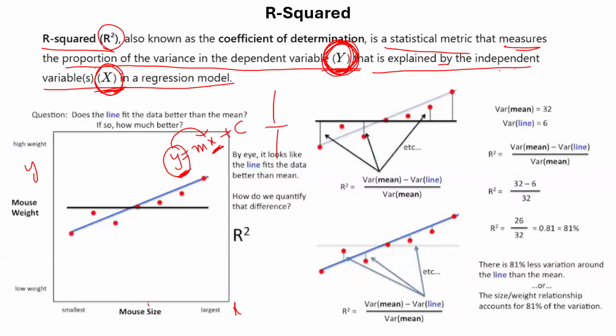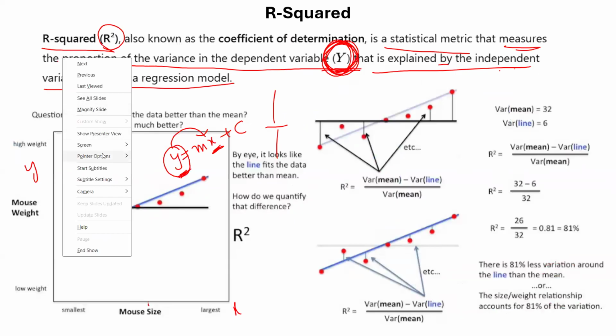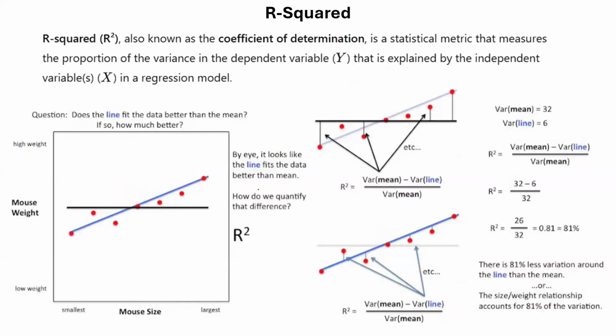Now coming back here, look at this particular line. What you have to calculate is the variance in the dependent variable that is explained by the independent variable.